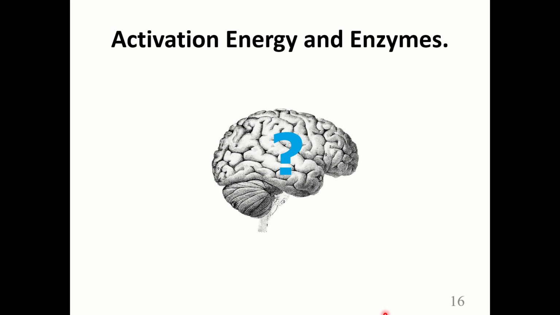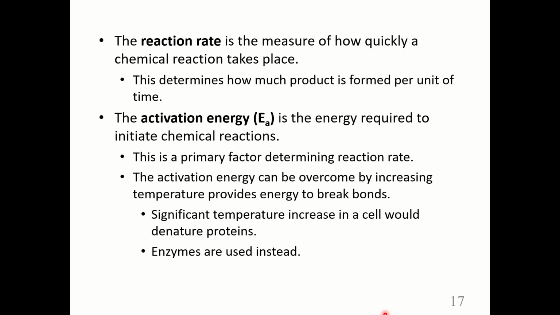Now let's talk about activation energy and enzymes. The reaction rate is the measure of how quickly a chemical reaction takes place. This determines how much product is formed per unit of time. The activation energy is symbolized by E subscript A and is the energy required to initiate chemical reactions.